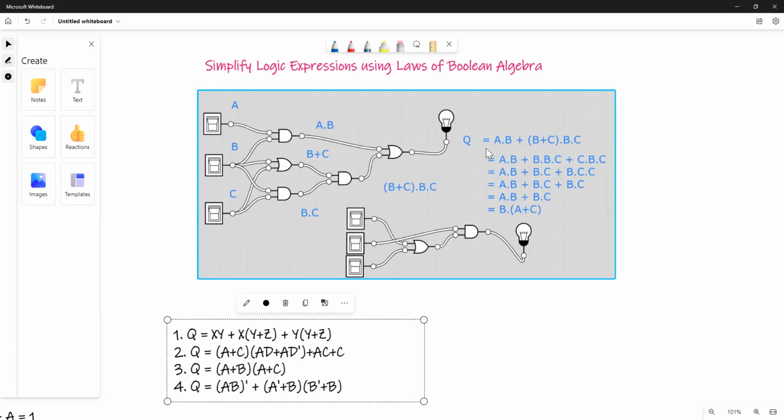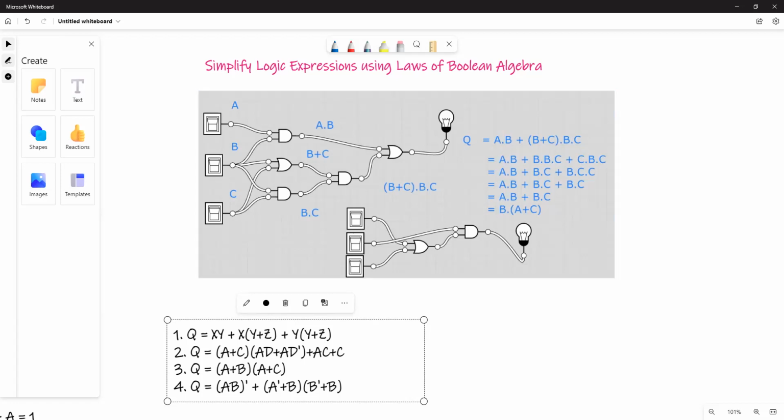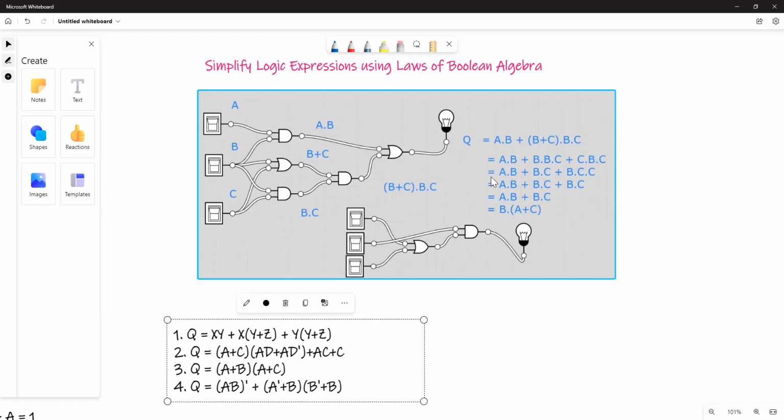So if you have a very complex circuit like this, we can start writing the Boolean expression like this, and then we can try to simplify using whatever laws we have discussed, right? Now here, what we did, we got A dot B plus, then we expanded this expression.